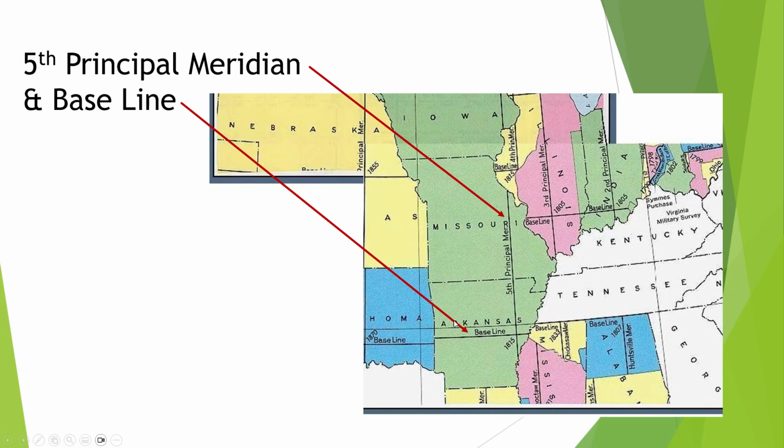When you're talking about range, you're talking about the 5th principal meridian, east or west of that line. Some places in Missouri are east when you're closer to St. Louis, Sikeston, that kind of thing, and everything else is west. So it's based off of these 2 lines that we're doing section, township, and range.